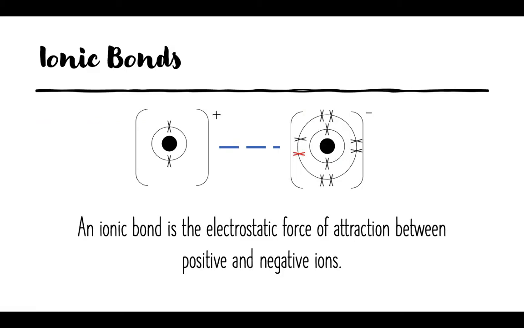So let's go back a little second. An ionic bond is the force of attraction between a positive metal ion and a negative non-metal ion. That attraction between the opposite charges is an ionic bond.